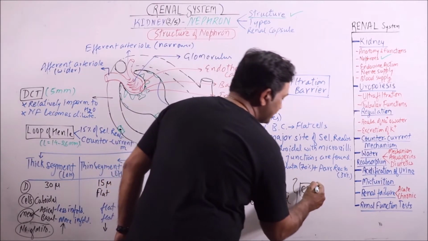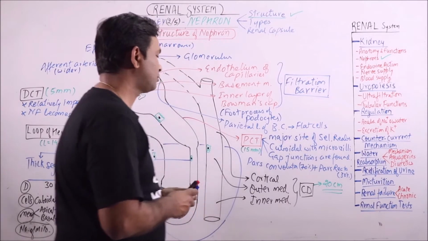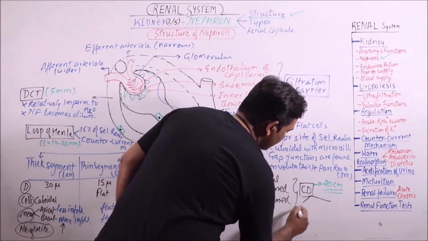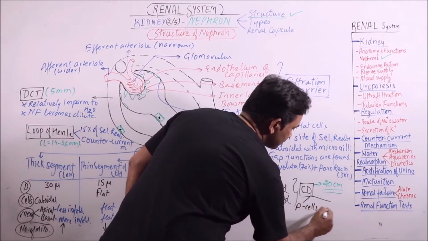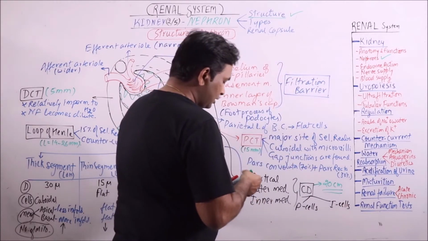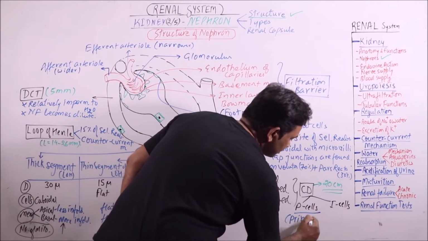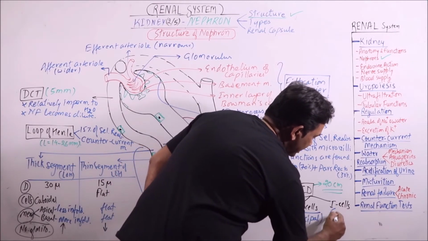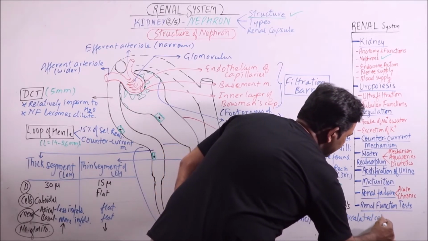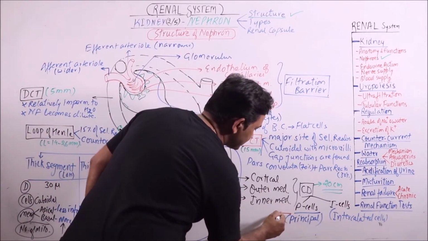The length of collecting duct is 20 centimeter, and it is having two types of cells, P cells and I cells. The P cells are principal cells and I is intercalated cells.